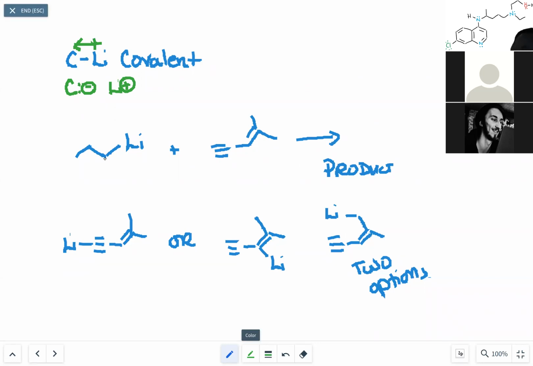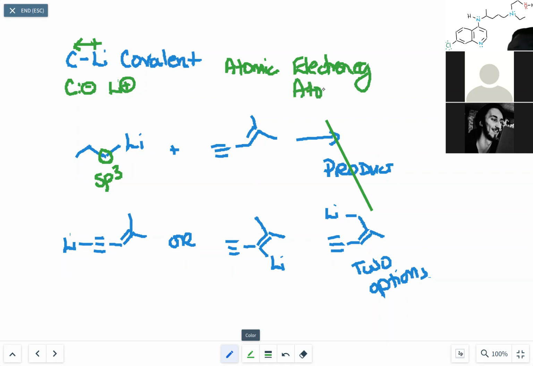In this case, the lithium is on an sp3 hybridized carbon. And remember, one of the various things acidity was based upon: there was the atom itself, which could involve two things, electronegativity and atomic size.